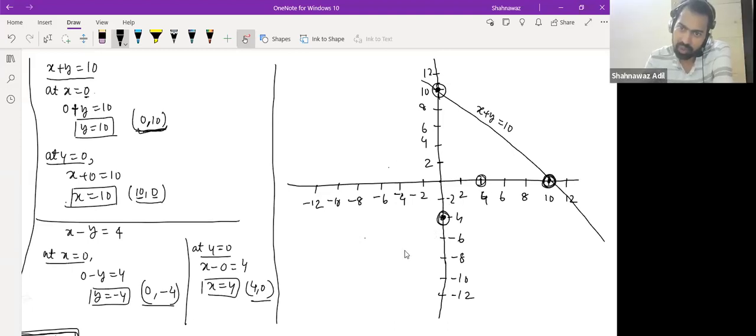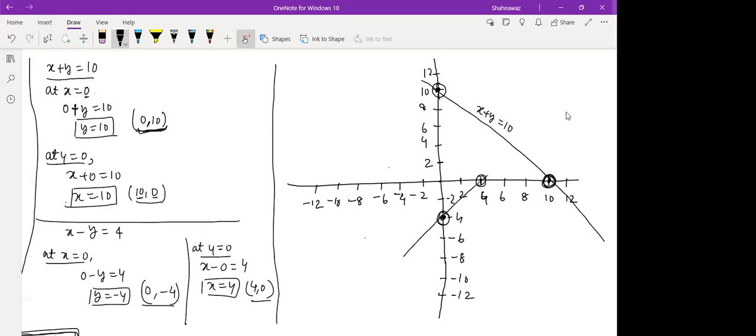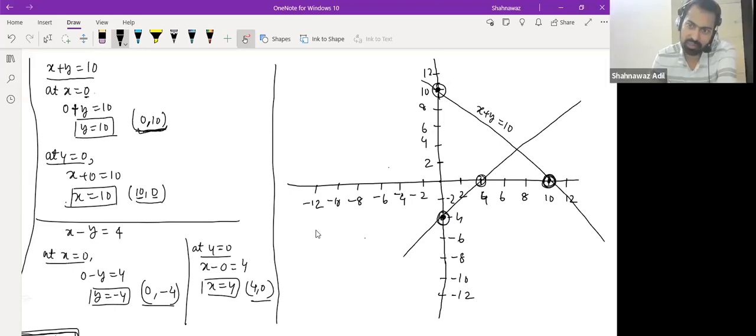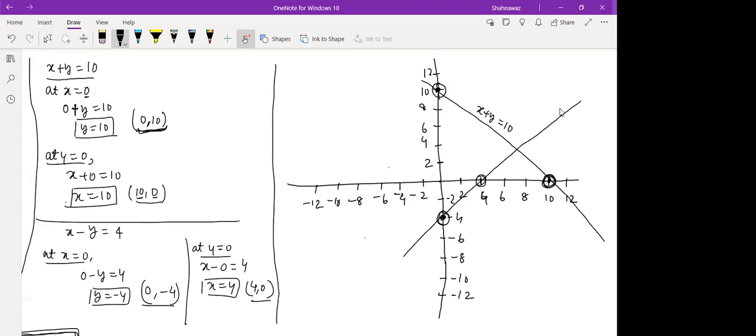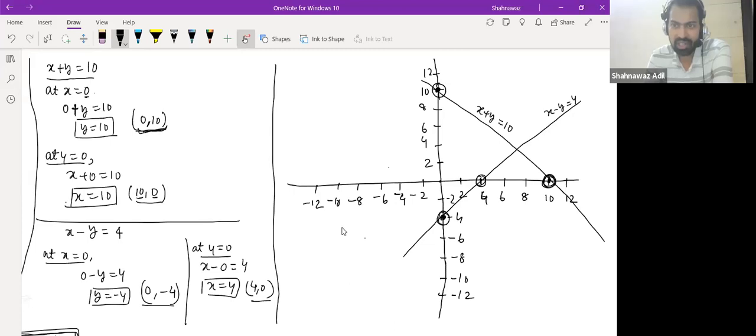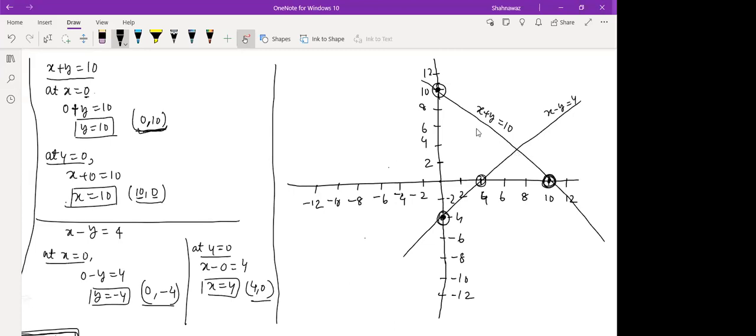And when we draw the line, this would be this. Okay. So this is x minus y equals 4. So you can see that this is what point?